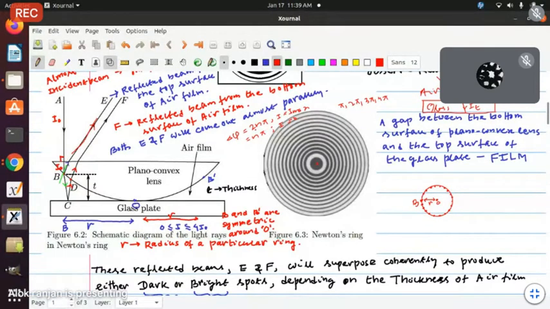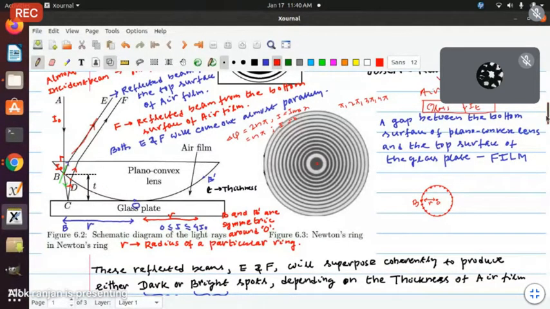And then next, how we can find a relation between the radius of the Newton's rings, namely R, and the thickness of the air film, namely T. These are two objectives we need to do through a mathematical approach. Is this clear to everybody?